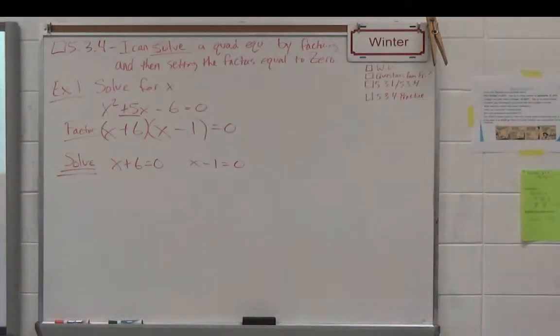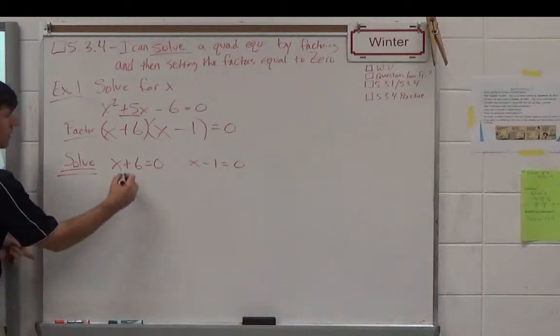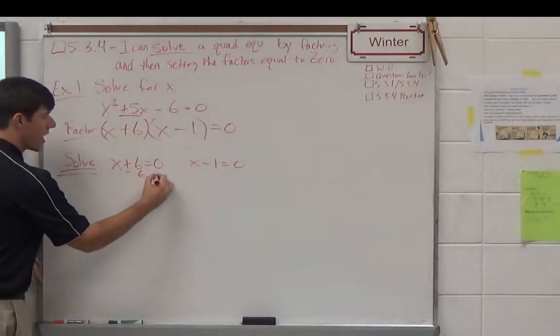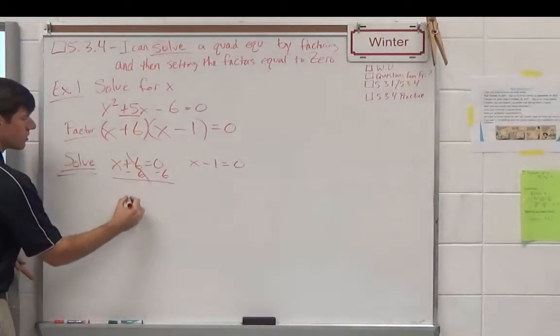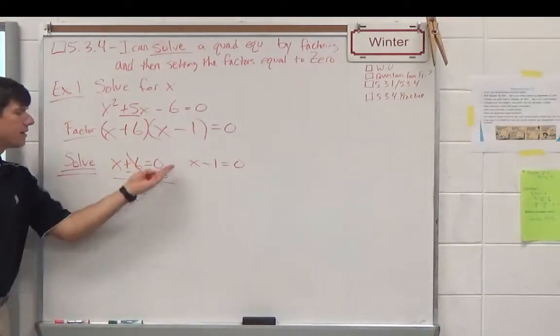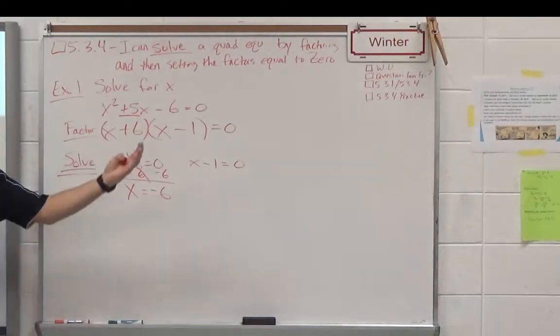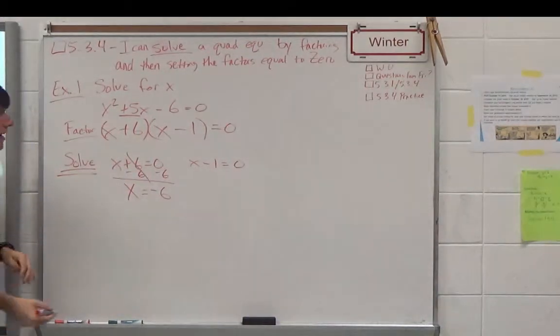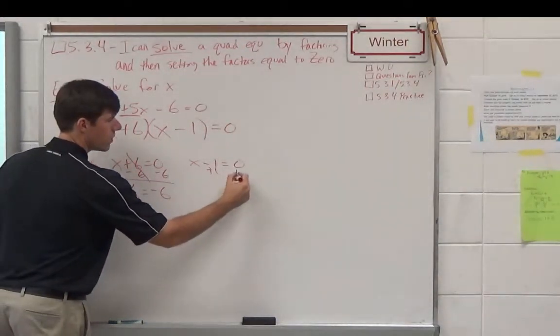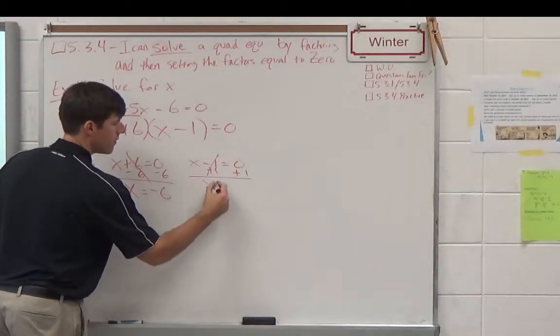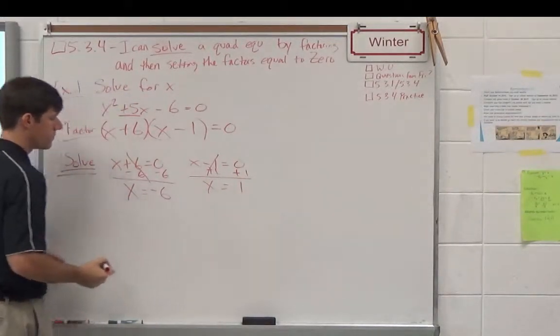I'm going to go the long way right now. If I'm solving for x, I subtract 6. So now I'm left with x on the left side. 0 minus 6 gives me negative 6. If I want to solve the other one for x, I add 1 over. X is equal to positive 1.